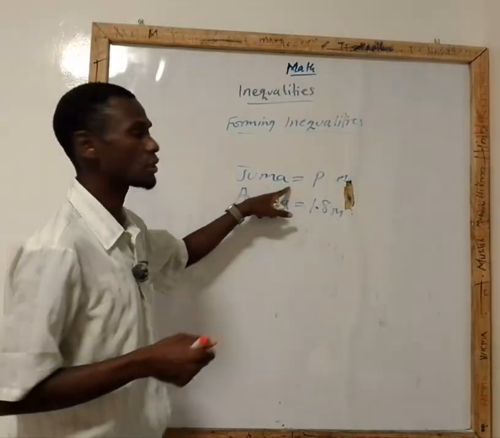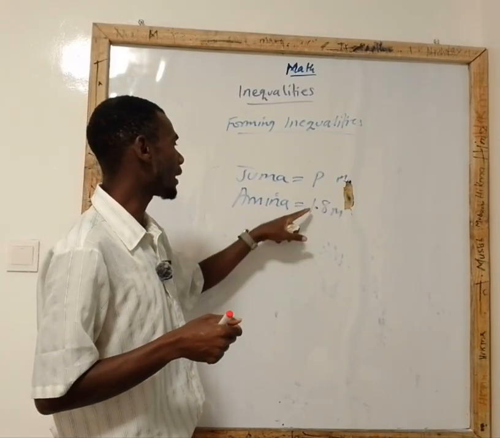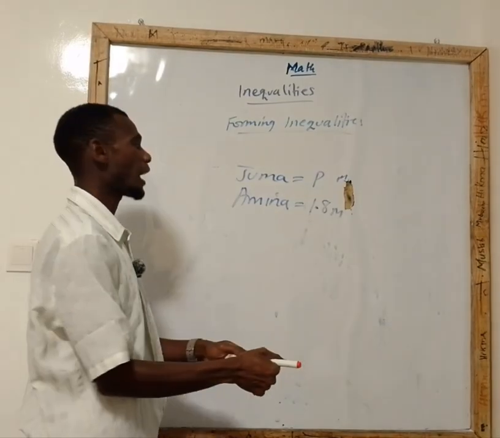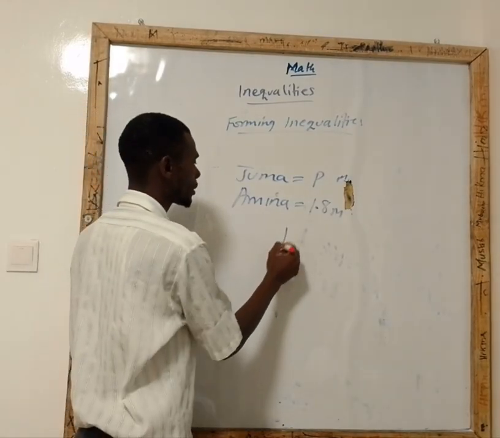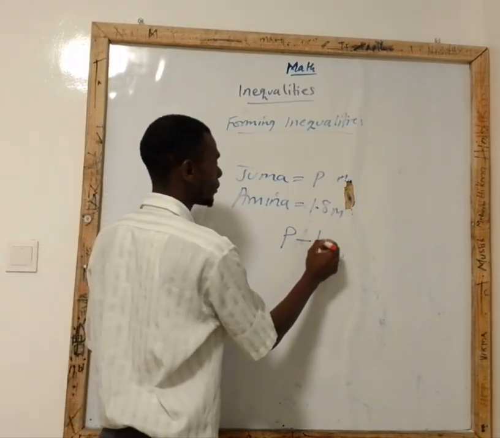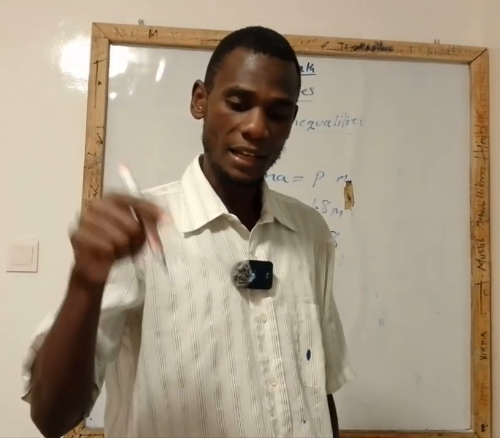So we know that Juma is taller than Amina, and you are told Juma is P meters, Amina is 1.8 meters. So for us to get the difference, we take the height of the taller person, which is Juma. So it is P minus the height of the shorter one, 1.8, and you are told that their difference is less than 0.5.